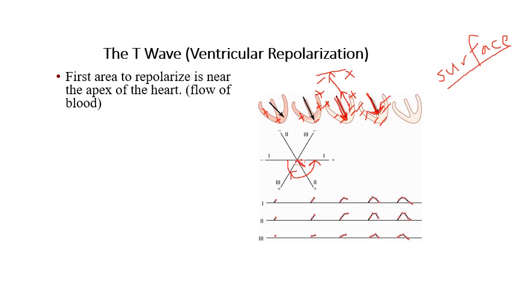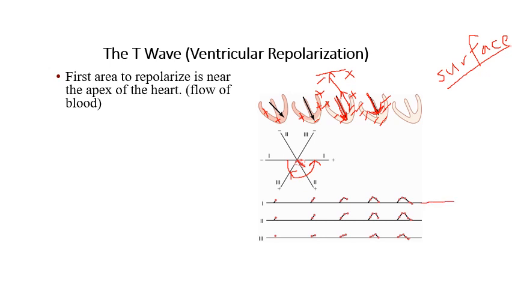Of course, we will reach a maximum, and then the axis vector of the heart will be shorter, because most areas are going to be repolarized, until we reach a point where all the areas of the ventricles repolarize. So we return to the isoelectric line, which is this.